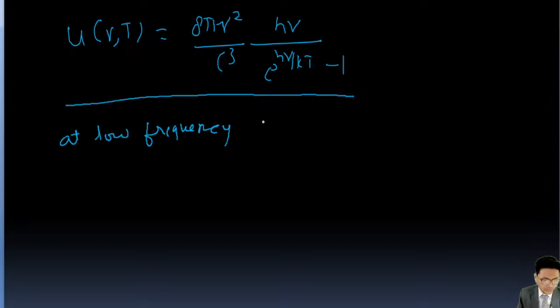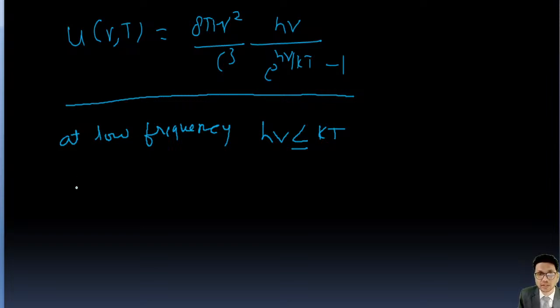At low frequency, h nu is much less than kT, right? So in that case h nu is very small, much less than kT.